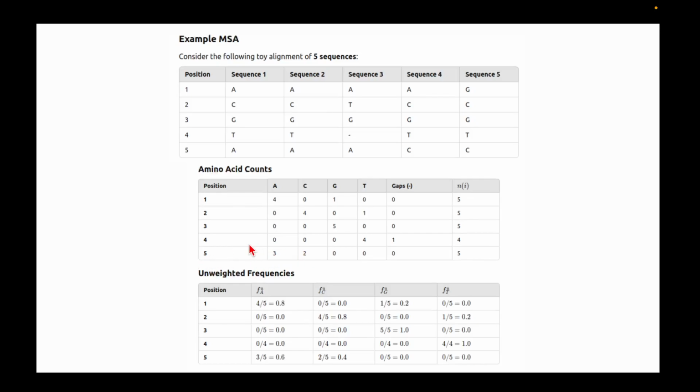In the fifth position, we have 3 alanines, in sequence 1, sequence 2 and sequence 3, and the total number of aligned positions without gaps is 5. So the frequency of alanine at this position is 3 divided by 5, that is 0.6. So I have completely filled the matrix using this. This is how unweighted frequencies for a given multiple sequence alignment are calculated.